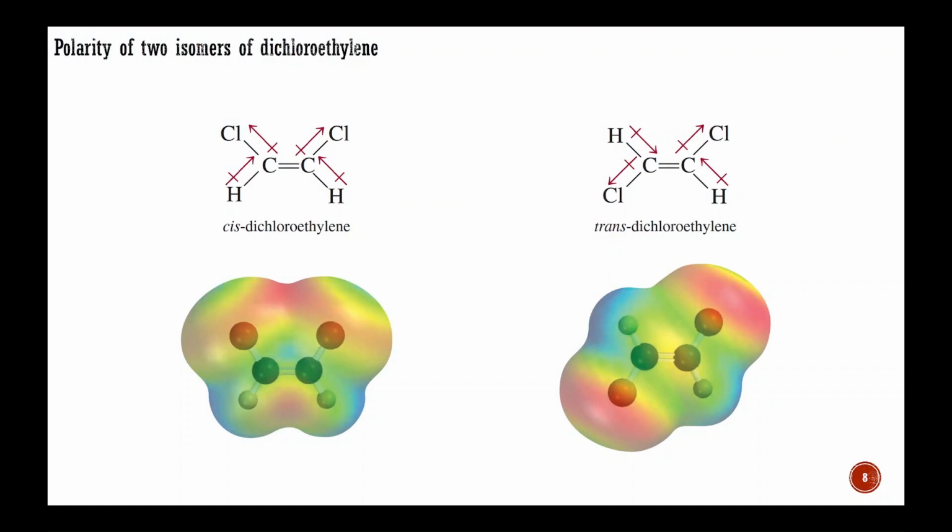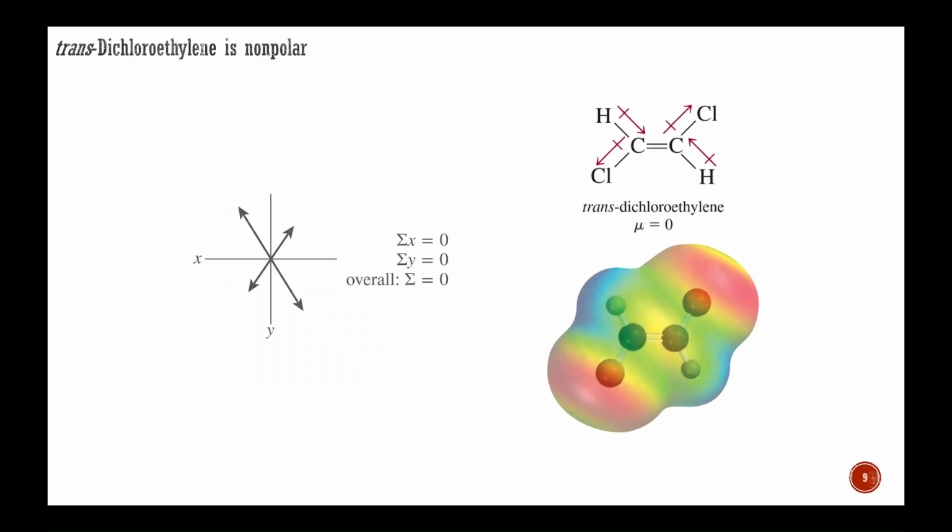Now, let's see how the dipole moments can be used to distinguish between molecules that have the same chemical formula but different arrangements of atoms. Such compounds are called structural isomers. For example, there are two structural isomers of dichloroethylene, both presented here. Since the individual bond dipoles sum to 0 in trans-dichloroethylene, the trans isomer is nonpolar.